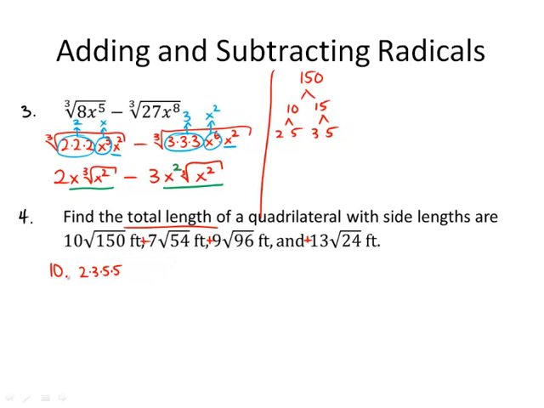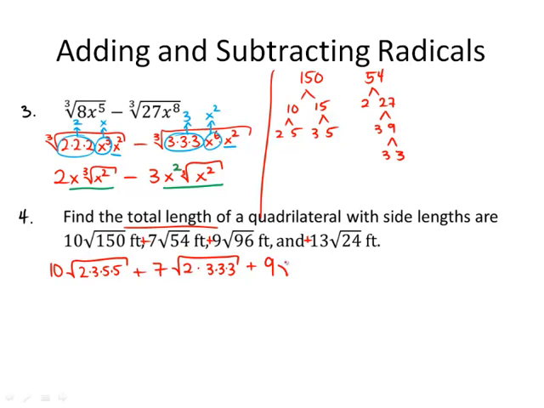And our root doesn't need to be that long. And 7 root 54 is 2 times 27. 27 is 3 times 9. 9 is 3 times 3, which is 2 times 3 times 3 times 3.